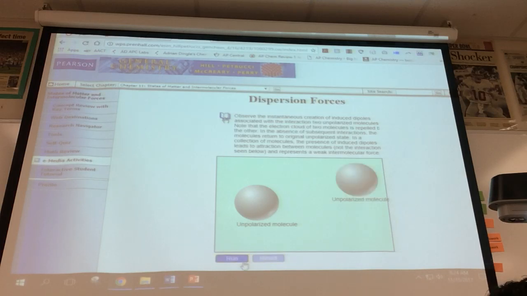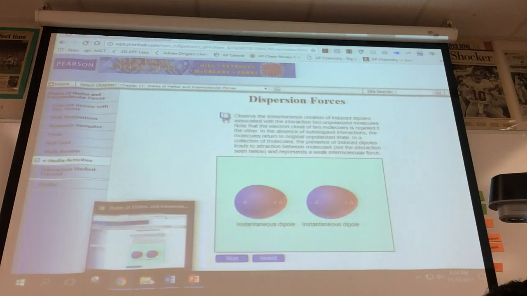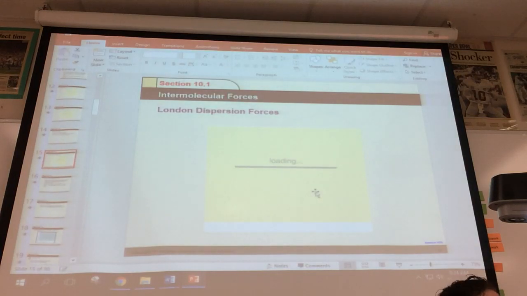So the interaction between the two is known as an LDF, a London dispersion force, the weakest of the IMFs. And you can see that as well here.